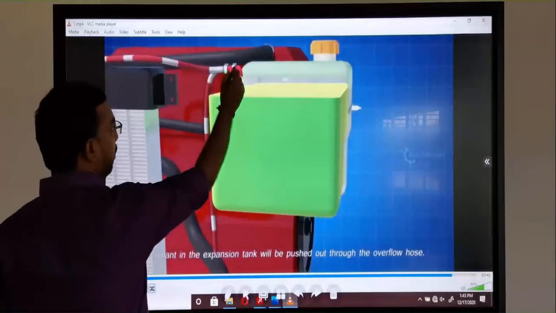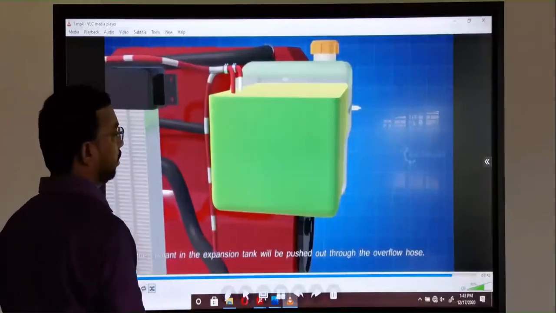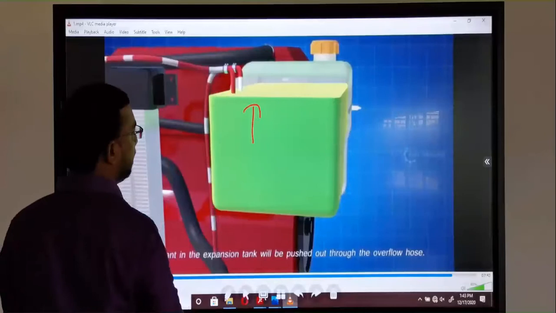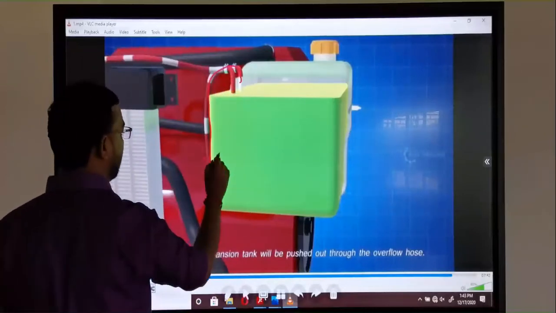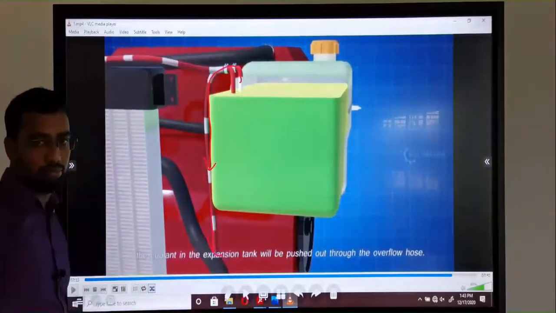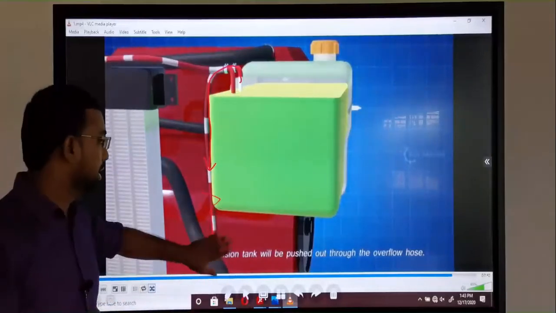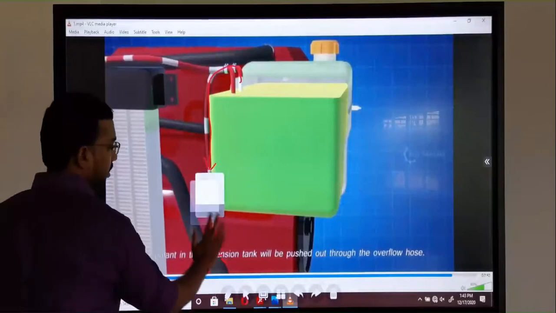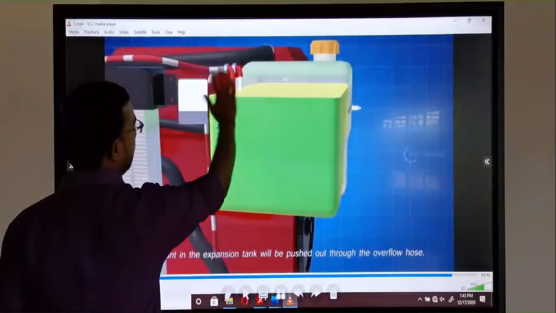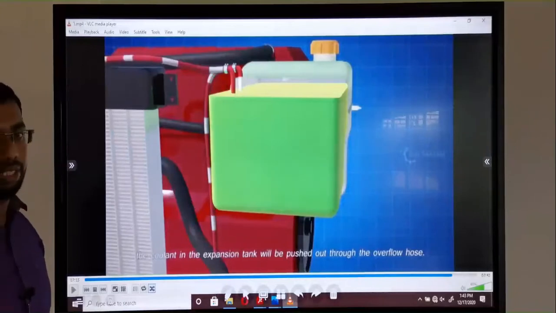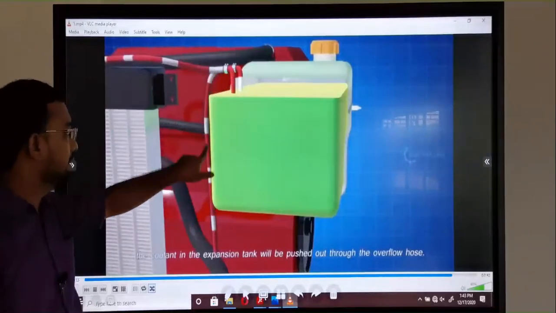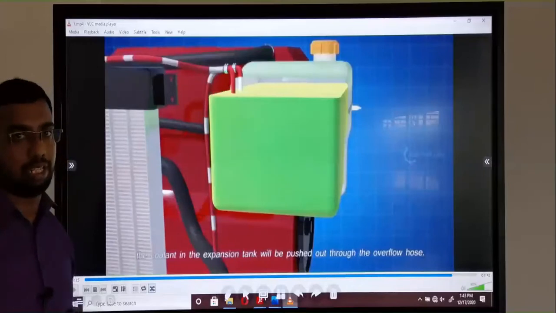There is an overflow pipe, so when the coolant level increases, the extra coolant exits from this overflow tank.